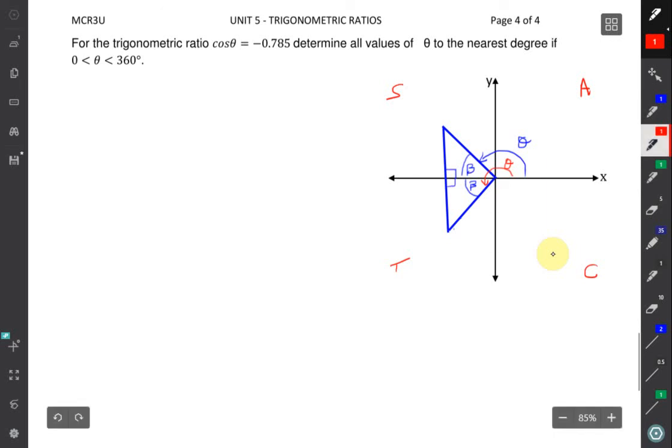So once again, I'm going to do the inverse cos of the ratio, but I'm not going to identify whether it's beta or theta.